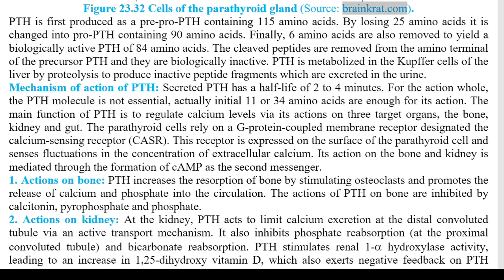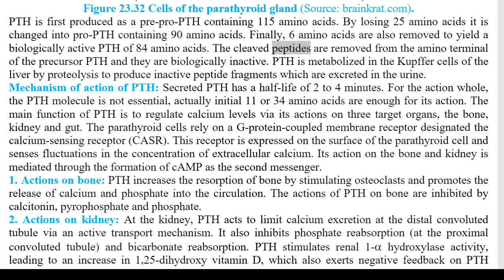Source: brainkrat.com. PTH is first produced as a pre-pro-PTH containing 115 amino acids. By losing 25 amino acids, it is changed into pro-PTH containing 90 amino acids. Finally, 6 amino acids are also removed to yield a biologically active PTH of 84 amino acids.